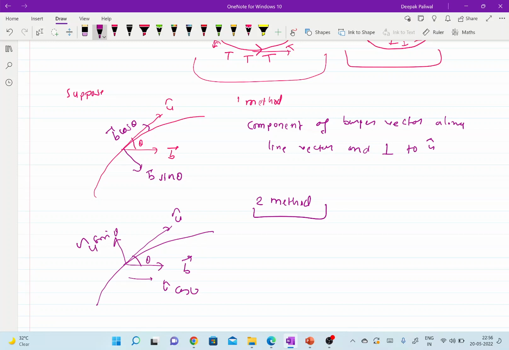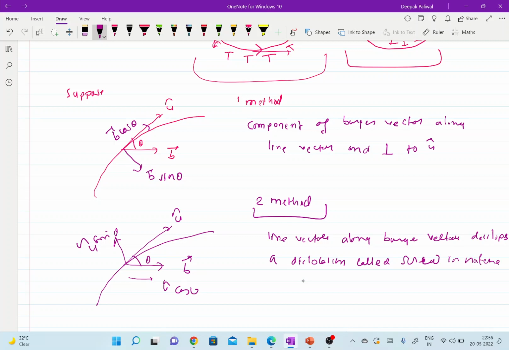So the line component along the Burgers vector develops a dislocation called screw in nature, and the component perpendicular to the Burgers vector develops a dislocation of edge character.